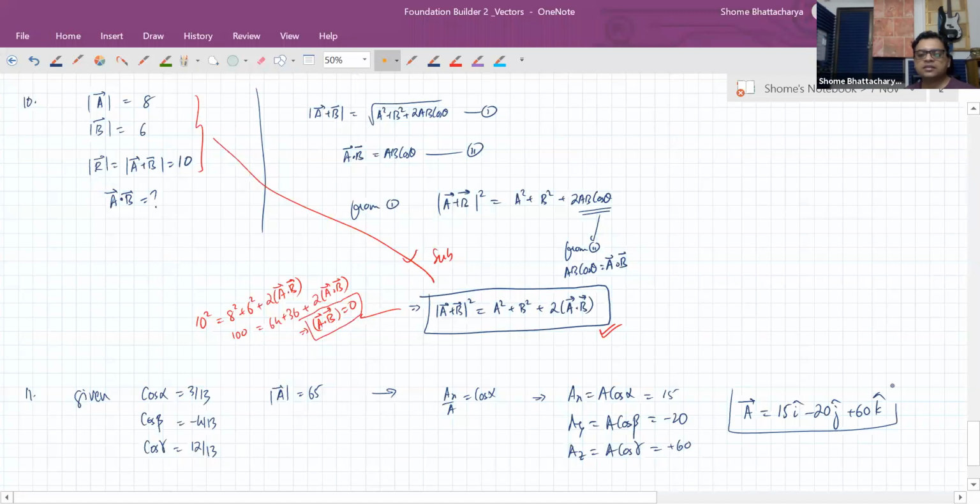If you cross check, you can verify that this vector's magnitude will come out to be 65. You can check that yourself, and its direction cosines will come out to be those values, 3 by 13, 4 by 13, minus 4 by 13 and 12 by 13. These will come out to be this because we have used this only, so obviously the reverse also holds.